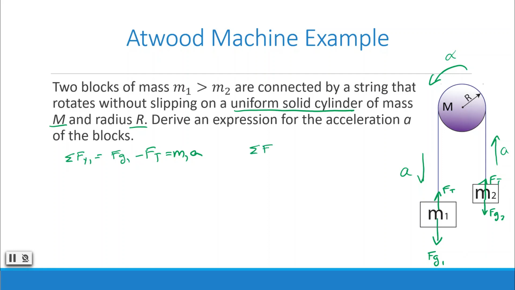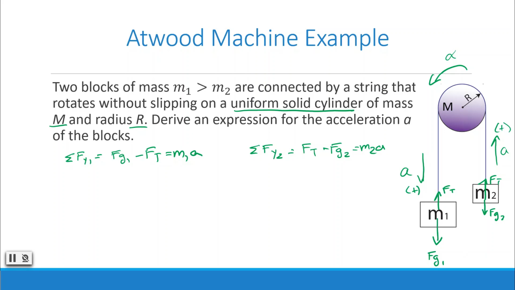For block 2 in the y direction, it was Ft minus Fg2, which was equal to m2a. We defined the positive direction as down for m1 and up for m2 to keep our signs from getting wonky. We said that the tensions were the exact same. So a lot of that is the same here.